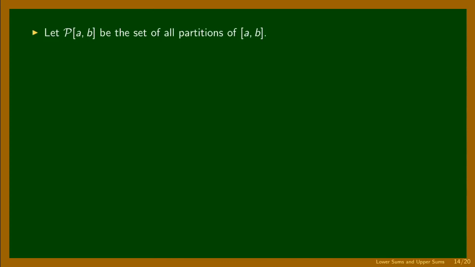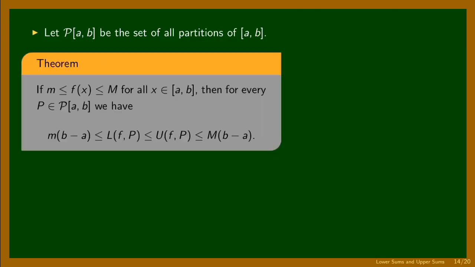So in the following, let us denote by script P of [a,b] the set of all partitions that we can make from a to b. We have the following theorem. If f is a bounded function, you know that the range has a lower bound and an upper bound.